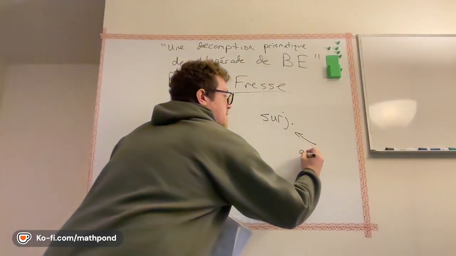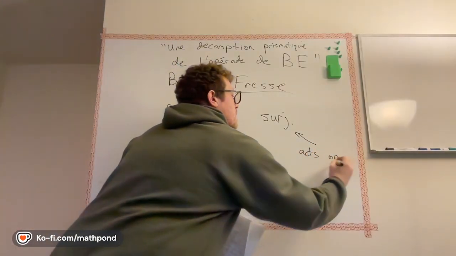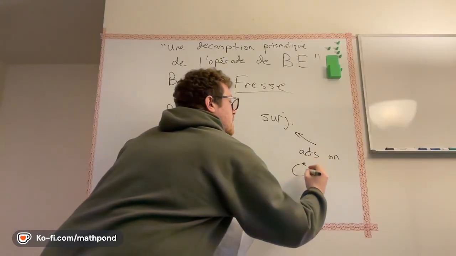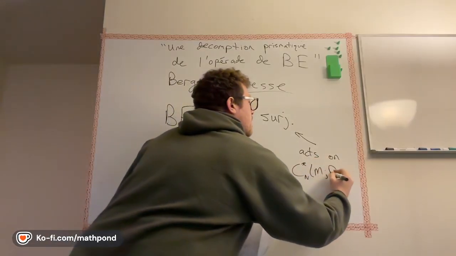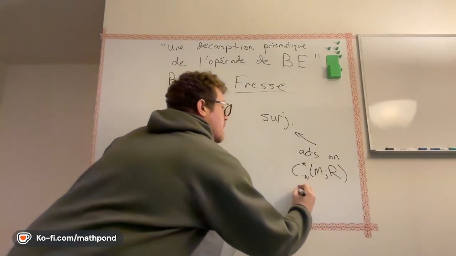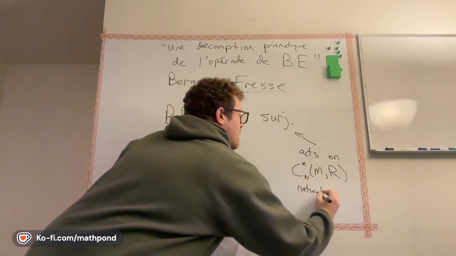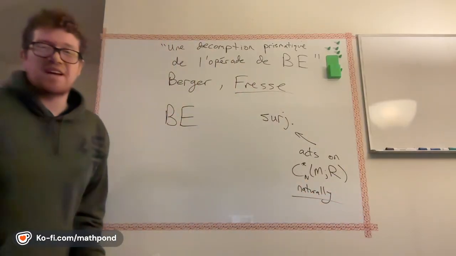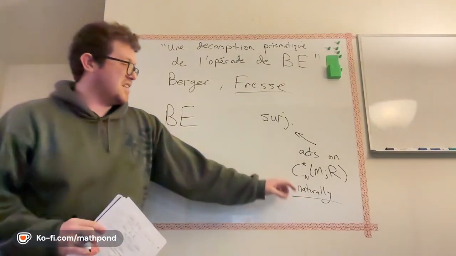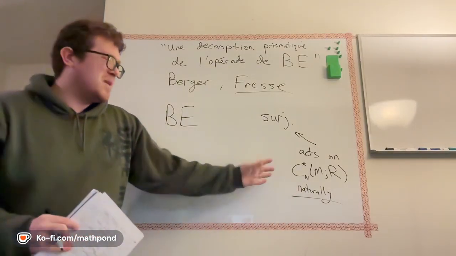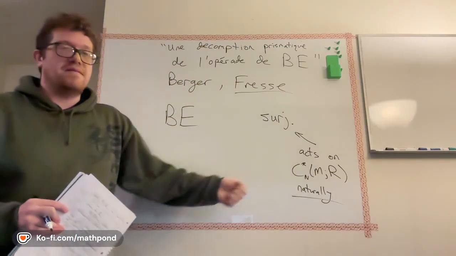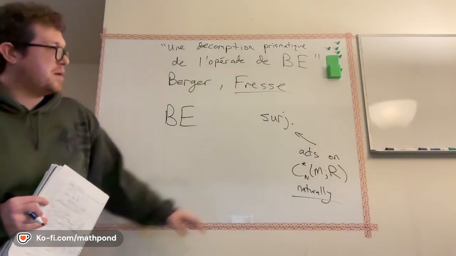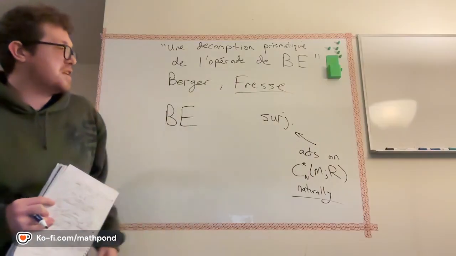So this acts on C star N MR. Ignore, I mean, naturally, I'm not using it in a category theory sense. Maybe it does have some category theory, but I'm saying naturally in the sense that there's just some obvious action by this other operad called the surjections operad.